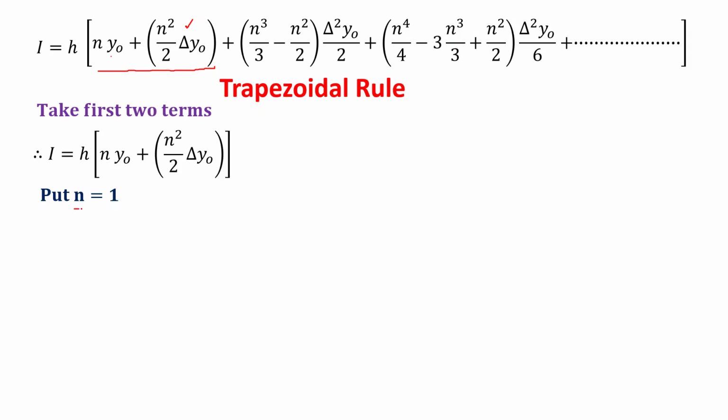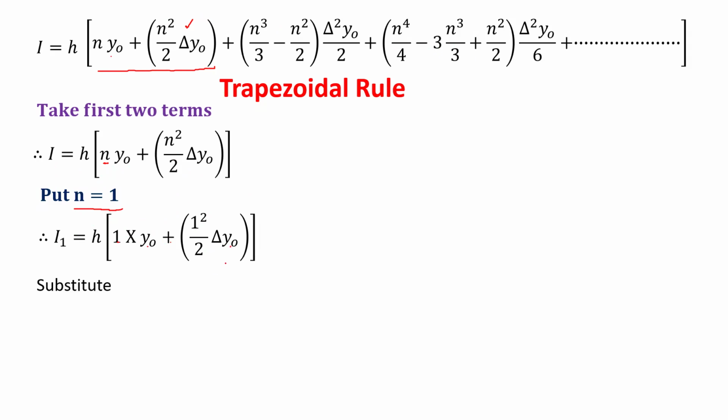Here we substitute n equal to 1 in this equation, considering only the first part where we have the y0 and y1 values. Putting n equal to 1, we have 1 into y0 plus 1 square by 2 into delta y0.